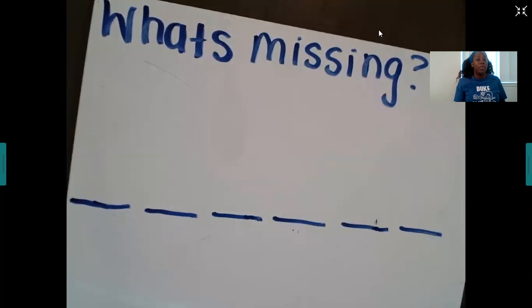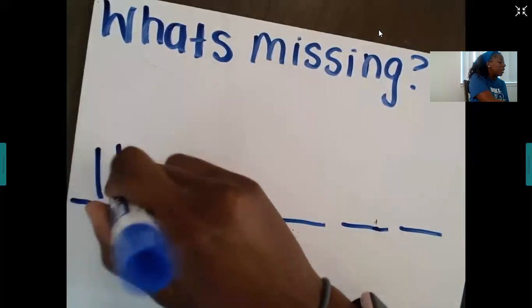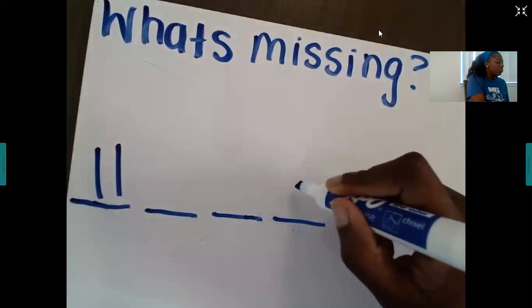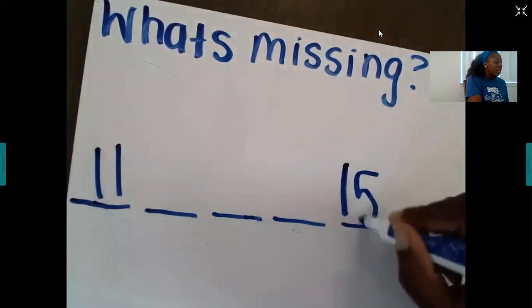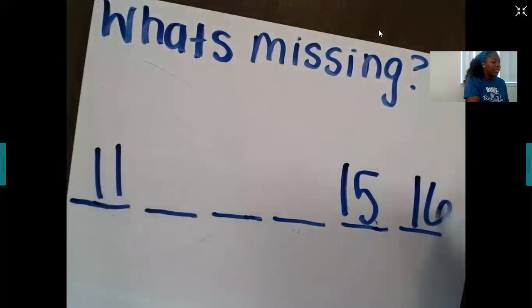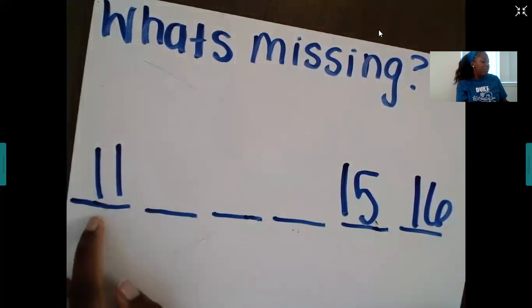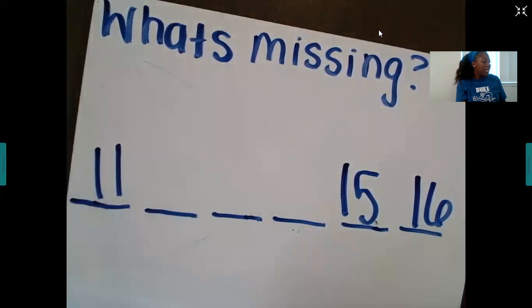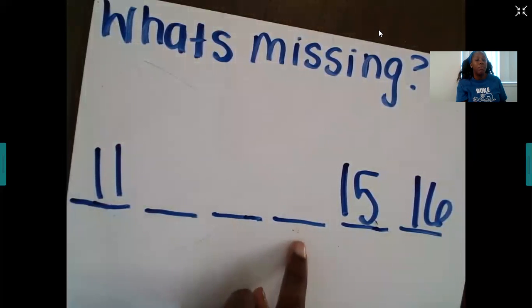Well, let's see. Here I'm going to put 11, 15, and 16. What's missing, my friends? Here I started with 11 and I end with 16. I am missing 3 numbers. What is missing?